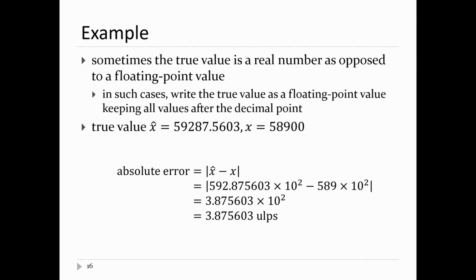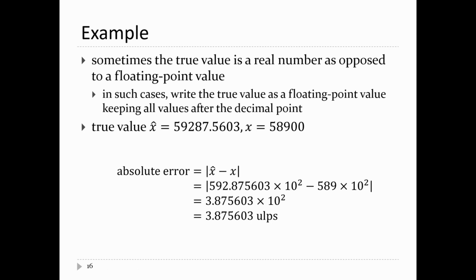Okay, if your true value is actually some real number, like pi, for example, as opposed to a floating point value, then you just keep all the digits. You don't have to strictly use our representation for the true number. You need to make sure it has the right number of digits in front of the decimal place, but if you have extra digits, you just write those out.